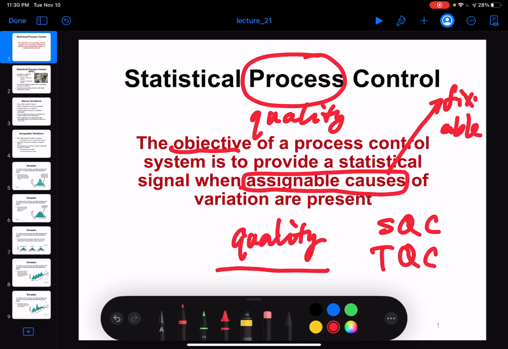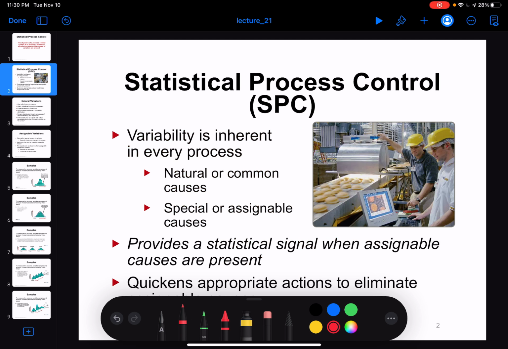Some trouble is fixable, and we call it an assignable cause. And there are some non-assignable causes. Just to give an idea, pay attention to these words. Then we're going to talk about process control.